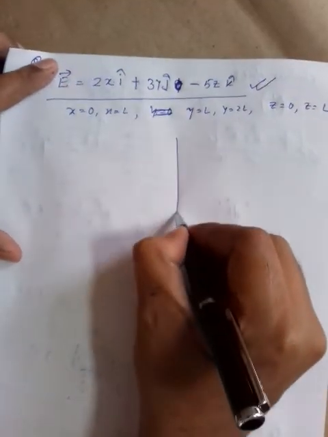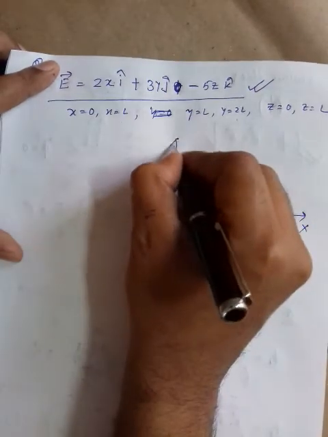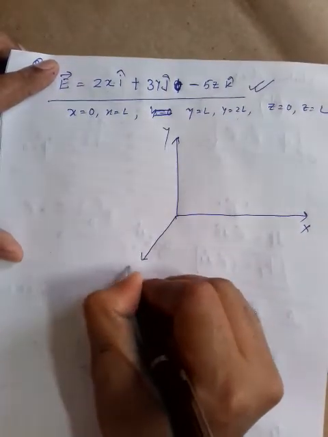Let me draw first. This is x axis, this one y axis, this one z axis.